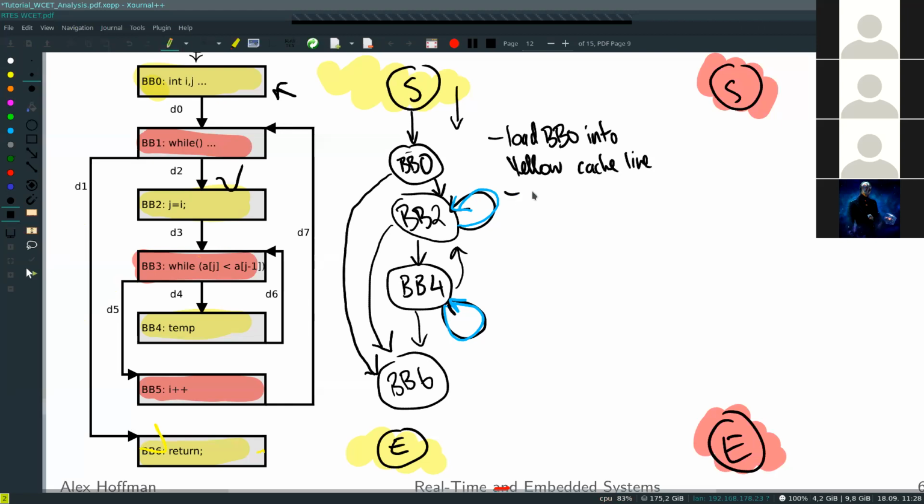Then let's say we go to BB2. BB0 is in the yellow cache line. Therefore, miss. This is a cache miss. That makes sense so far?